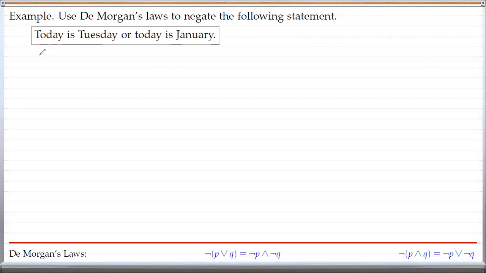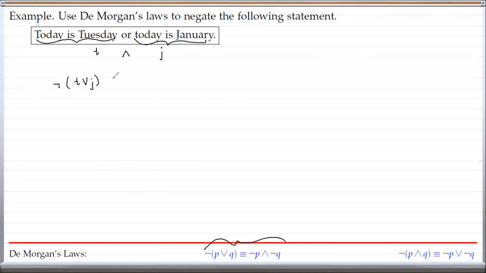Today is Tuesday, or today is January. So here we'll denote today is Tuesday by T, and we'll denote today is January by J. So we are given T or J, and we want to negate that. We are trying to find the negation of T or J. Now we can use one of these two formulas. The first one seems to apply here.